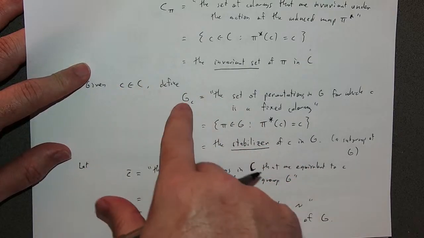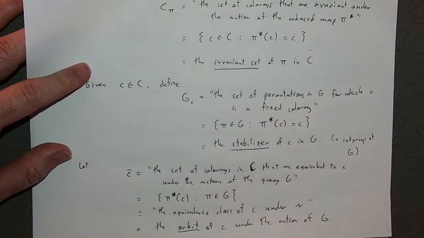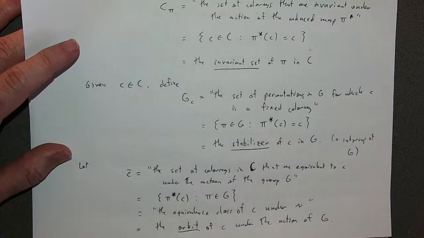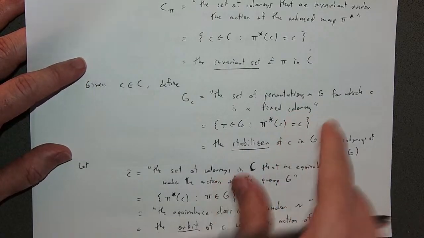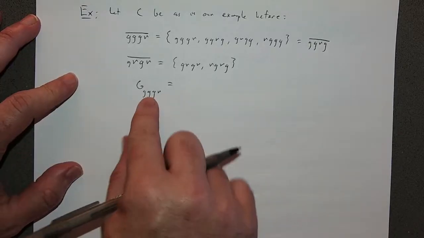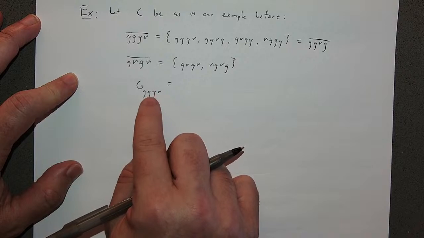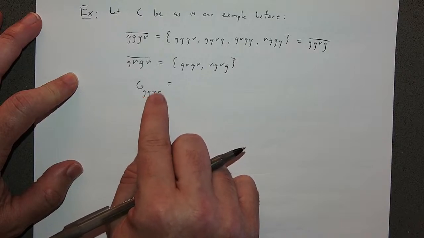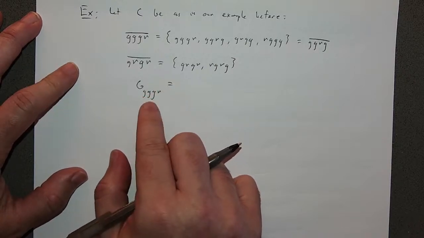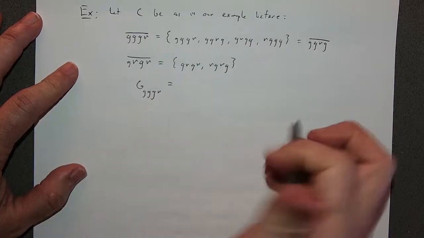The stabilizer of that arrangement in G is the set of permutations in G for which C is a fixed coloring, or a fixed arrangement. So here, this coloring or arrangement C is GGGR. So the question is, for what permutations is this a fixed coloring?